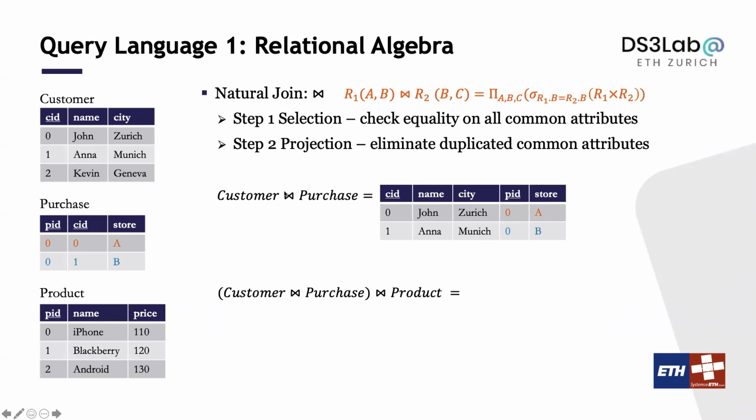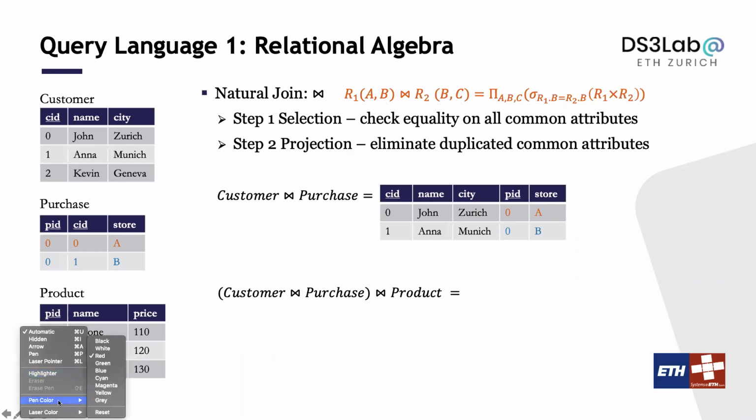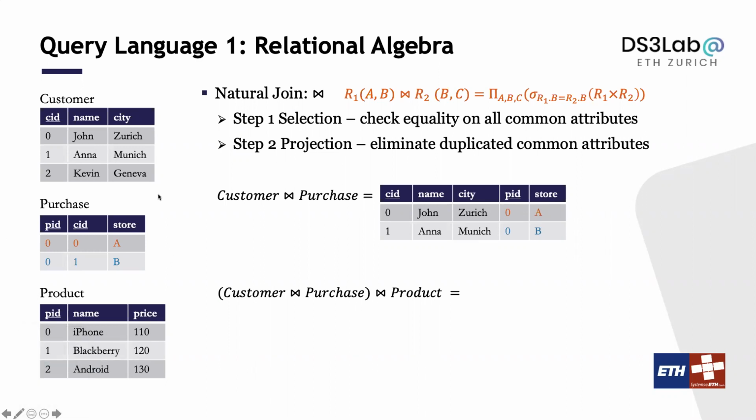If I do the semi-join in this direction, I would only keep these three attributes. I would have a relation with 2 rows and 3 columns. Make sense? Wait, why is that?